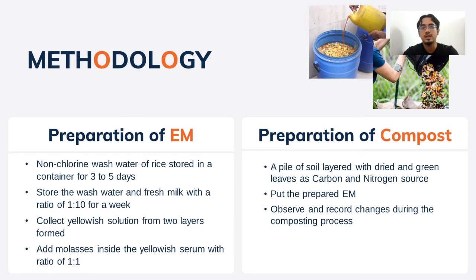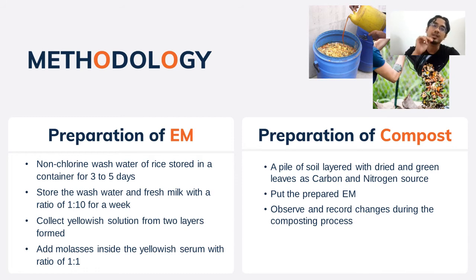After a week, 2 layers will form, which consist of condensed milk and a yellowish solution, which is lactoserum, containing the bacteria we need, which is lactobacillus. So filter the solution and collect the lactoserum in another clean container. Then molasses, which is a type of sugar, is added into the lactoserum with a ratio of 1 to 1, and it is ready to be used in compost.